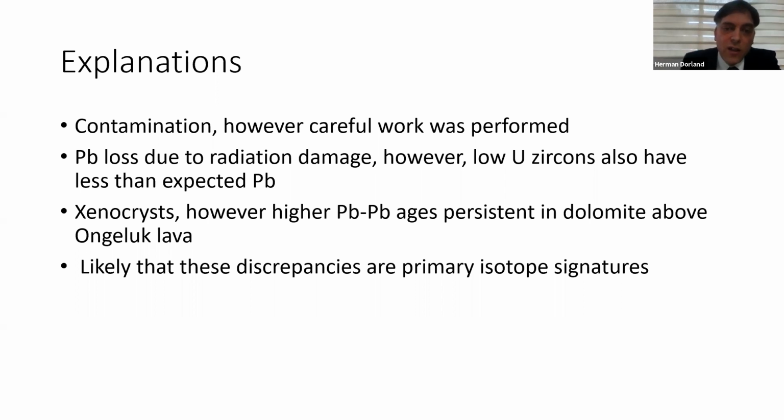And this lead age of about 2,400 million years, the same as the pedalites, is very persistent in the dolomites above the Ongeluk lava as well. So it's unlikely that it's xenocrystic. So in my opinion, these discrepancies are likely to be primary isotopic signatures.